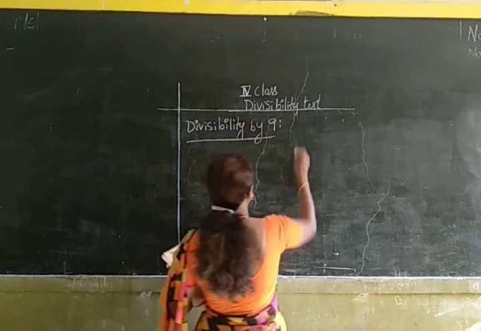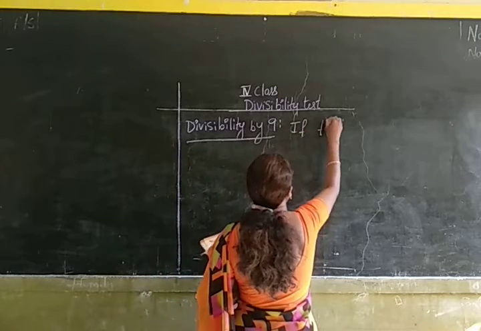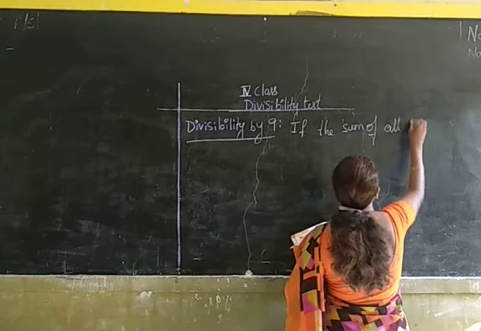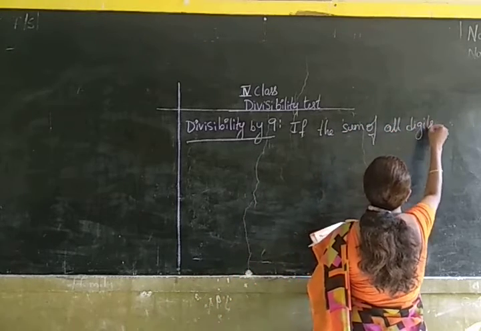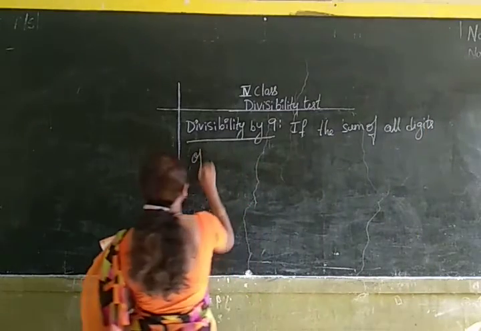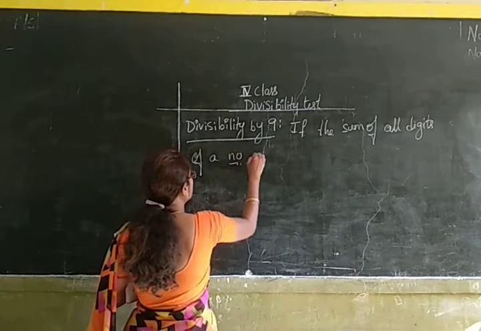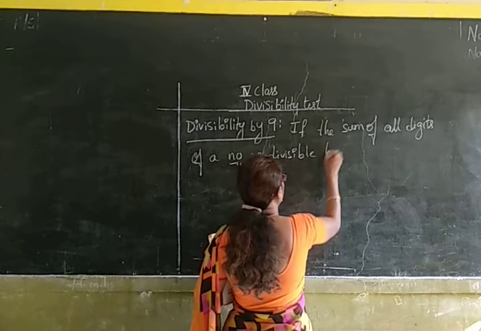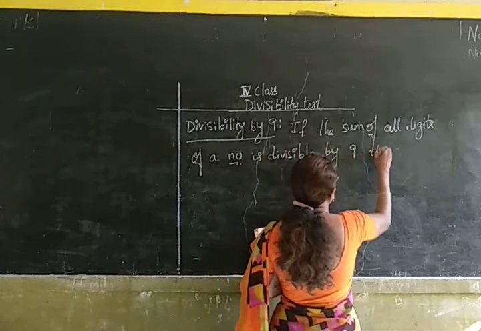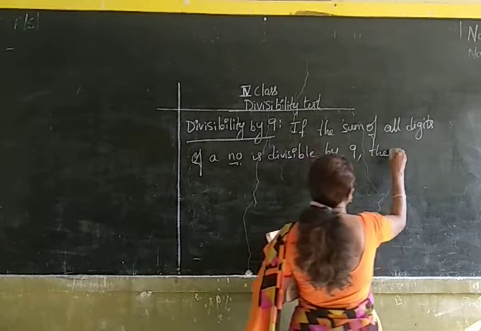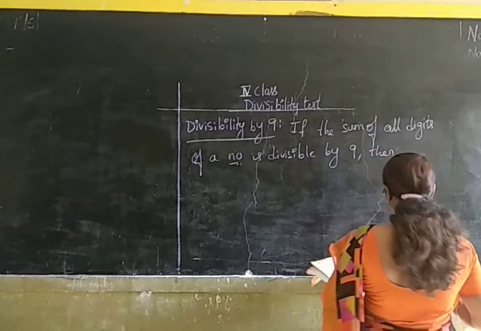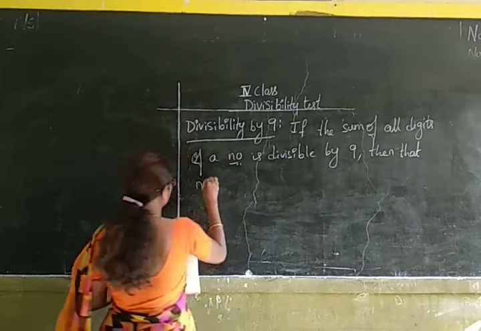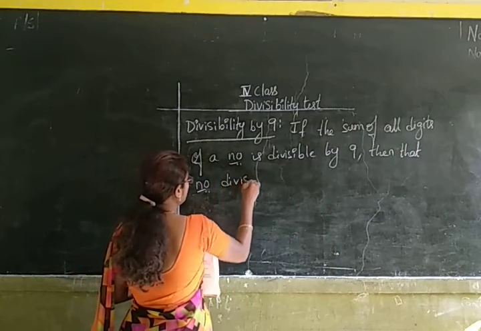If the sum of all the digits of a number is divisible by 9, then that number is divisible by 9.